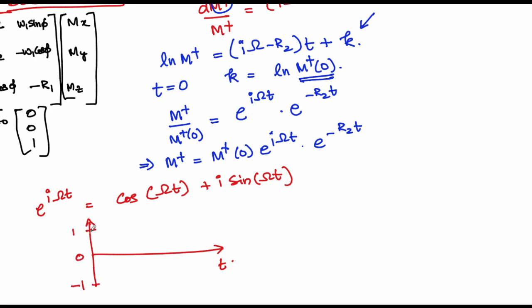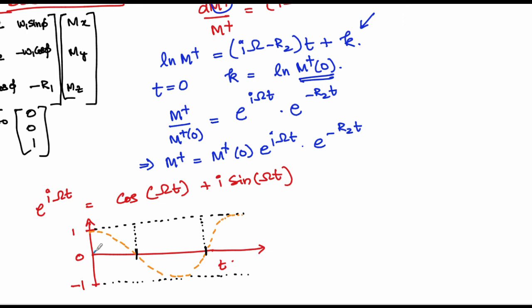The cos function will start with a maximum and will go through 0 at a certain time. So this will be one full cycle. On the other hand, the sine would be a function that looks like this. Basically, the 0 crossing would be the maxima or the minima for the cos function.